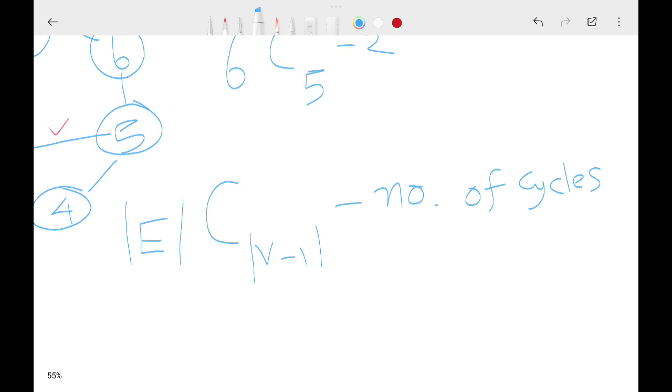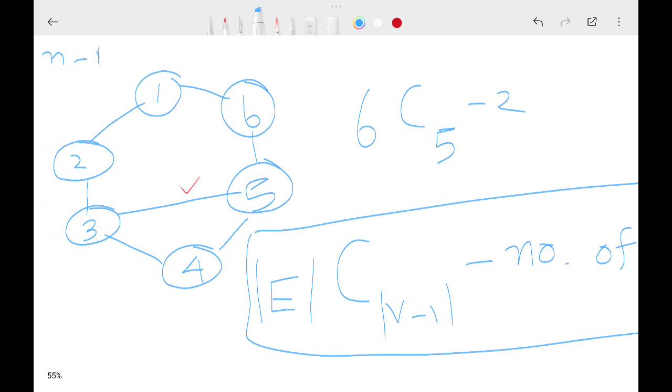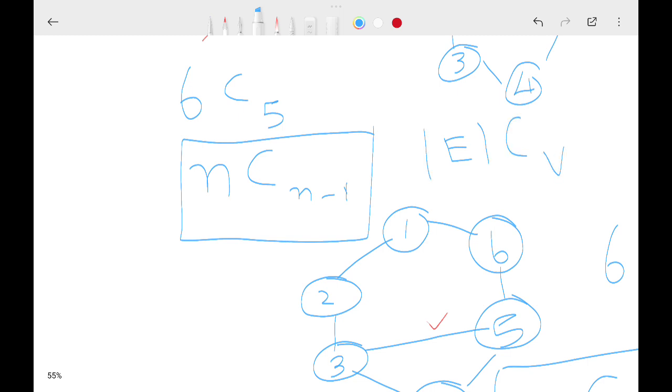This is the general formula for calculating the number of spanning trees in a graph with cycle. The formula for a graph without any cycle and which is fully connected is the number of edges choose number of vertices minus 1. Thank you.